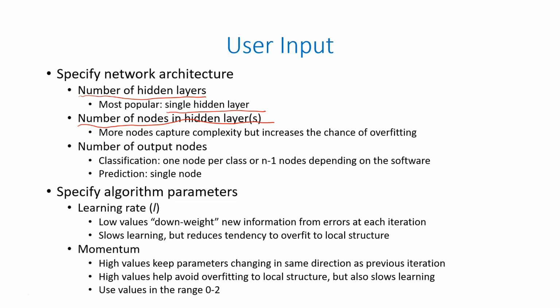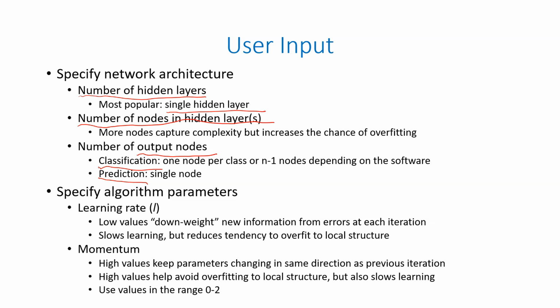For output nodes, it depends on whether you are dealing with a classification or prediction problem. For prediction problem, there is only one outcome variable, therefore you only need one output node.